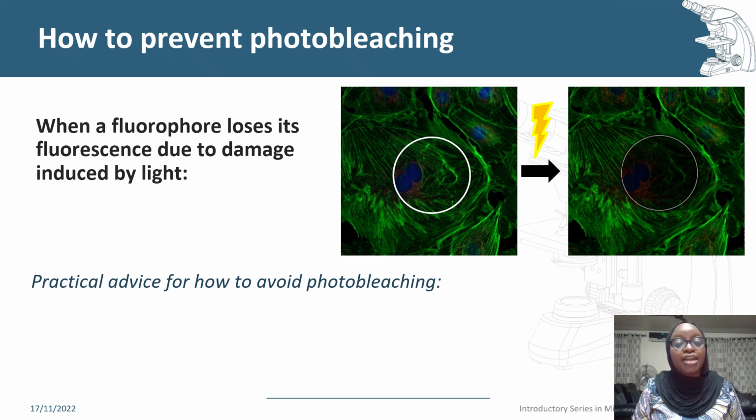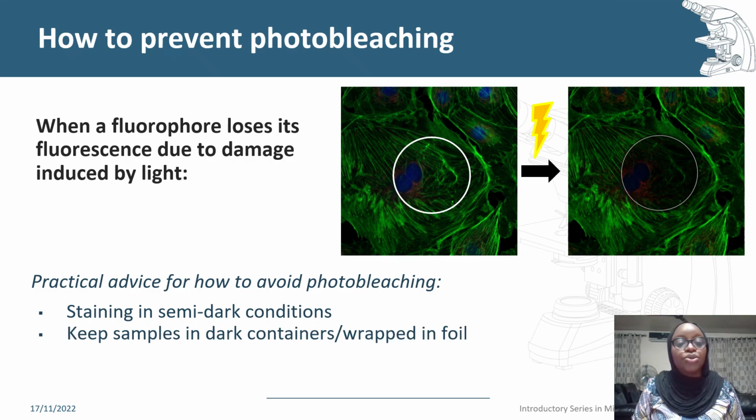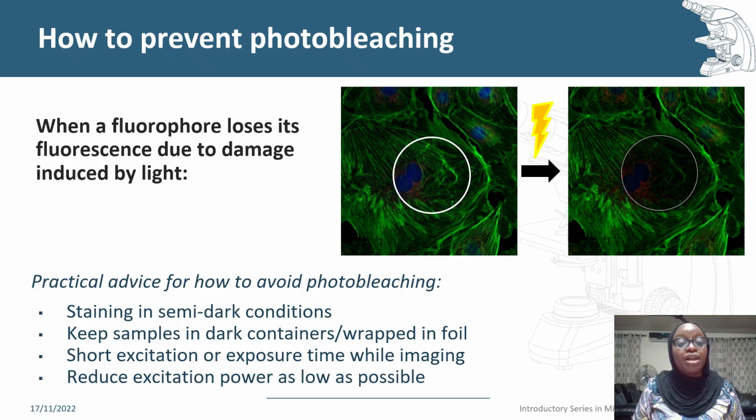Practical advice on how to avoid photobleaching: stain in semi-dark conditions, keep samples in dark containers or wrapped in foil, use short excitation or exposure time while imaging, and reduce excitation power as low as possible.